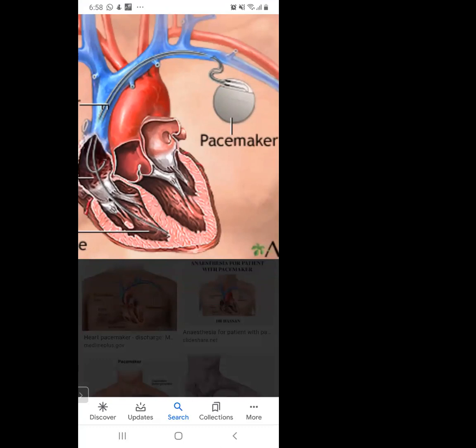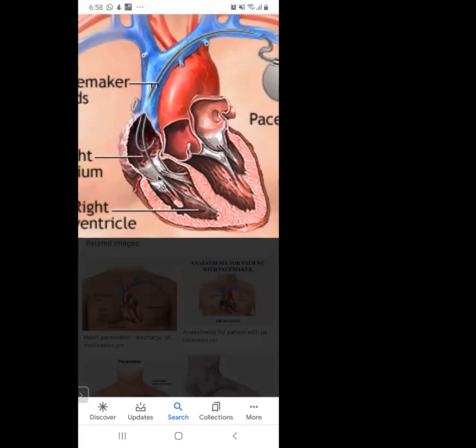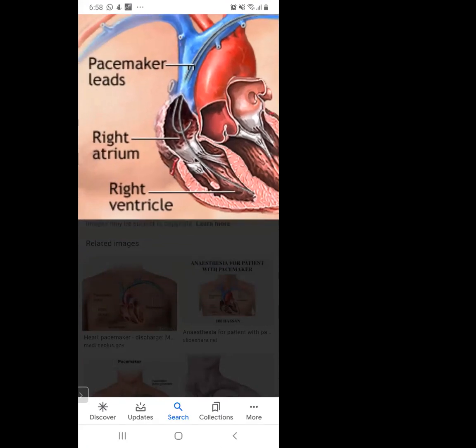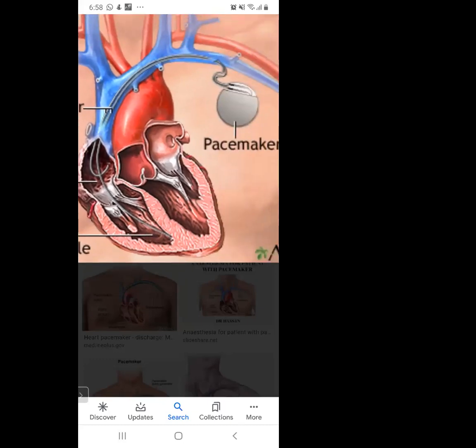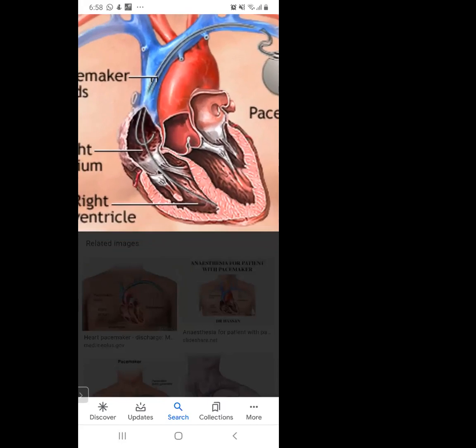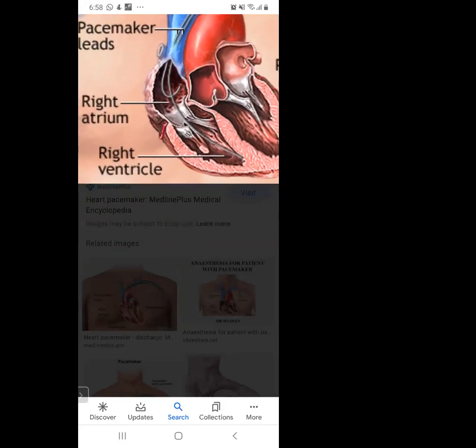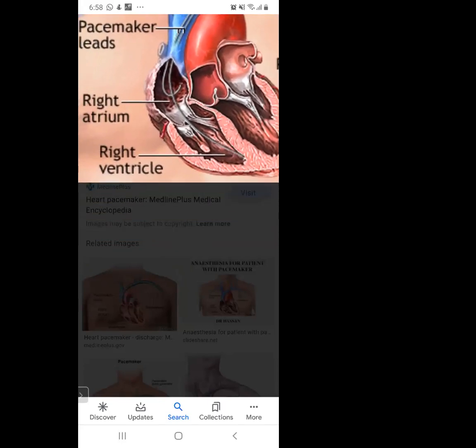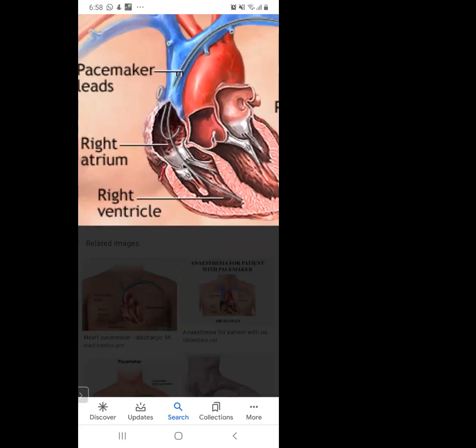Can you see how they have sewn it through the vena cava, because you know the pacemaker is usually found in the right atrium. The right atrium is the one that receives the deoxygenated blood from the vena cava. So I can see that they have sewn the wire of the pacemaker along the wall of the vena cava, and it is reaching the wall of the right atrium. That's all I can see. That's all I can show you.